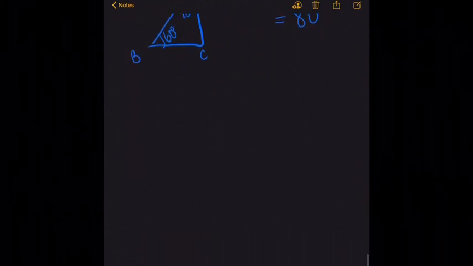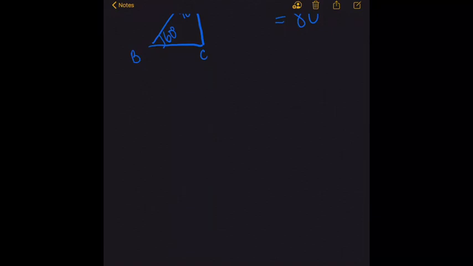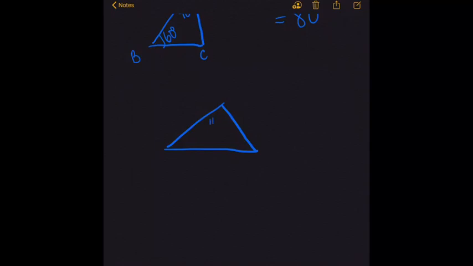Let's look at the third example. It says angle B measures 110 degrees. So it's an obtuse triangle, right? Because one of the angles is more than 90.